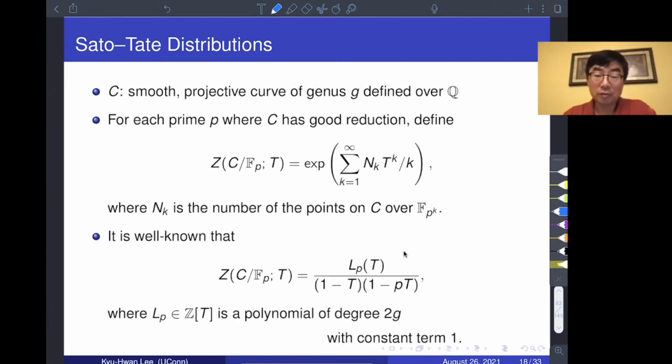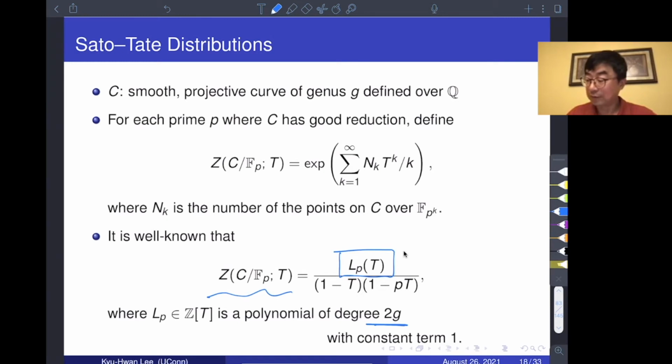Then it is well known that the zeta function can be written in this form. And then the denominator is fixed, so we are interested in the numerator. And this numerator is a polynomial of degree 2g with the constant term 1.